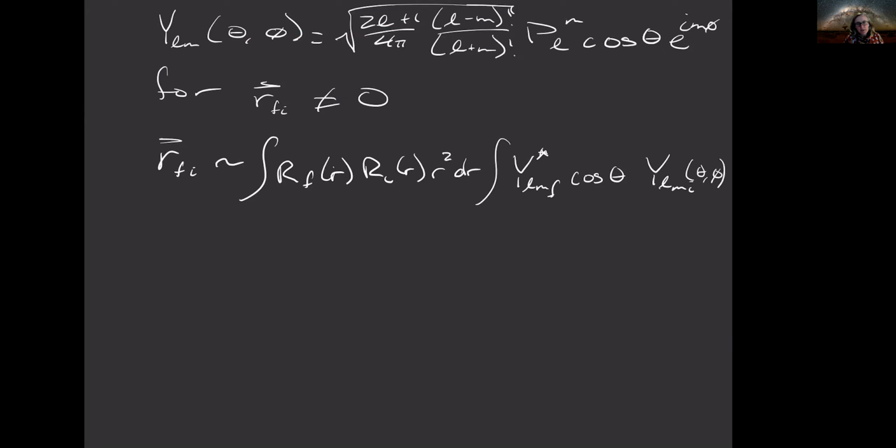From this, we are able to judge that in order to have R_fi be not zero, it sets some limits on L and M.